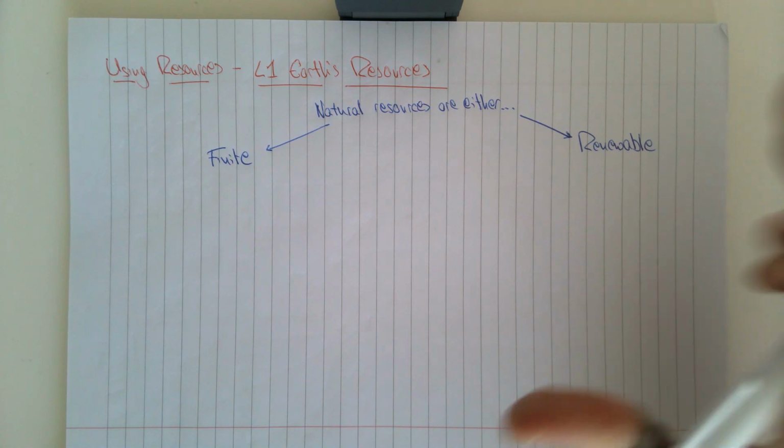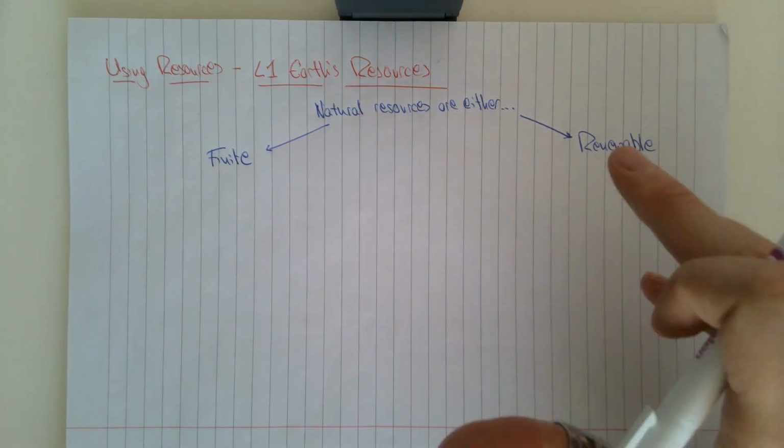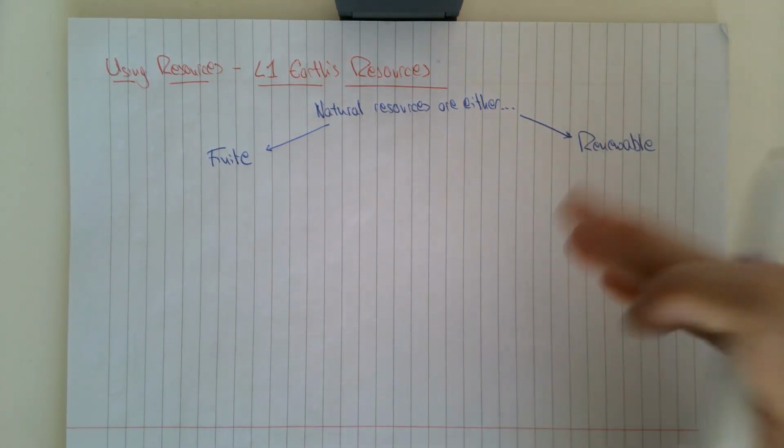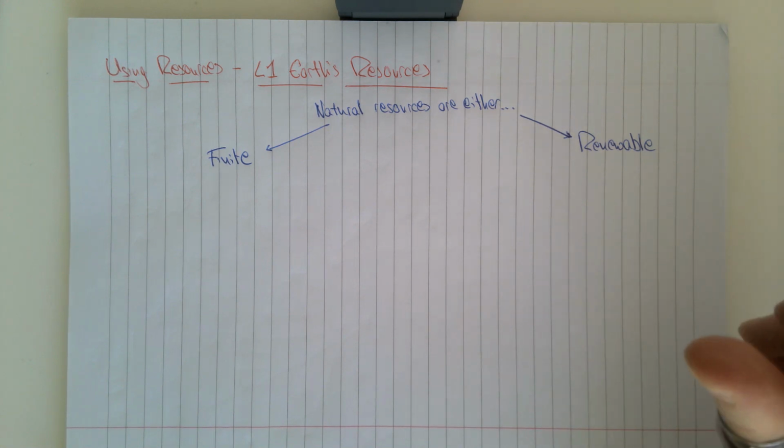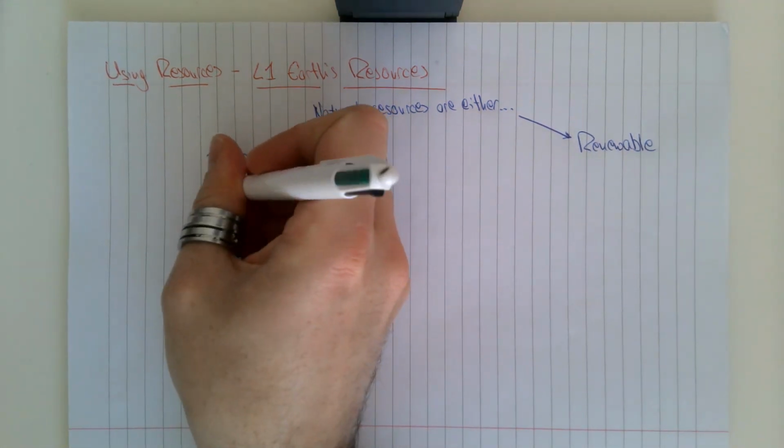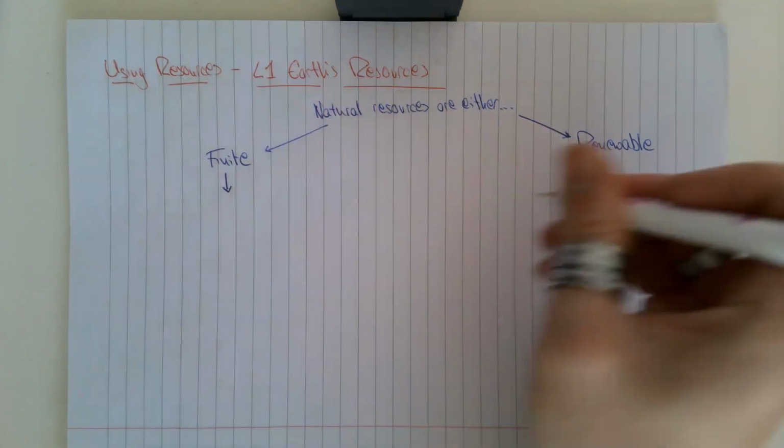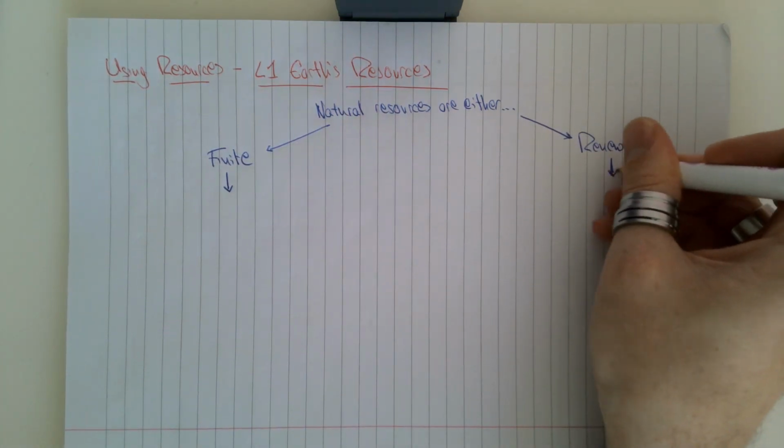So hopefully what you'll do as we go through this video is you'll build up a picture such as this that you can then use for your own revision notes and your own revision in your own time.